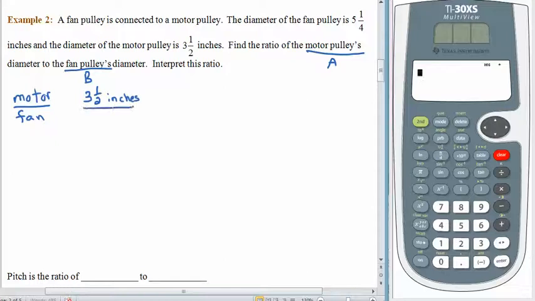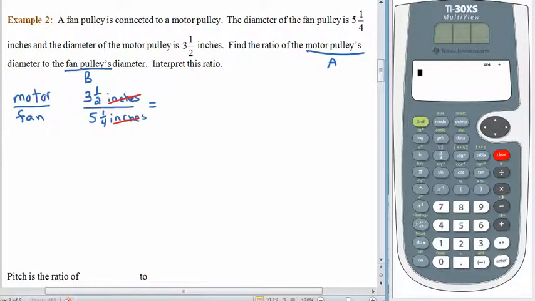The diameter of the fan pulley is 5 1/4 inches. You already know that the common units are going to cancel out, but we really don't like having fractions within fractions. So let's see if we can't clean this up a little bit.